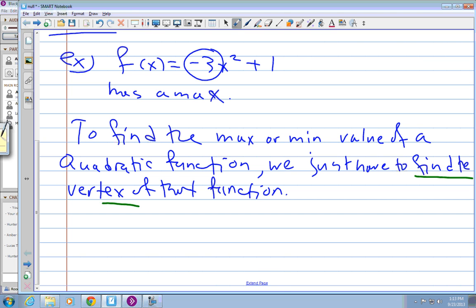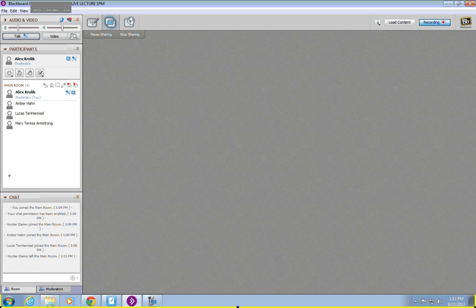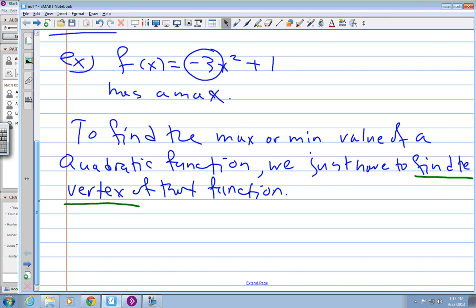So the big thing that we're going to talk about is how to find the vertex of a parabola algebraically, without using the graphing calculator, because I know you all enjoyed that during last week's homework assignment, using your graphing calculator, even if you don't have one, to find the maximum values. Well, we can do it algebraically. It's actually a whole lot easier. Okay? But so far, so good.